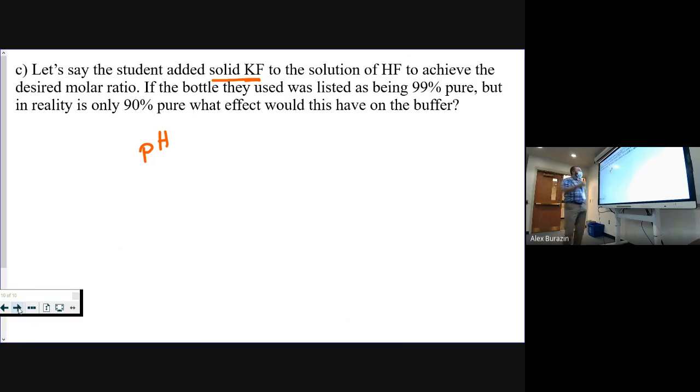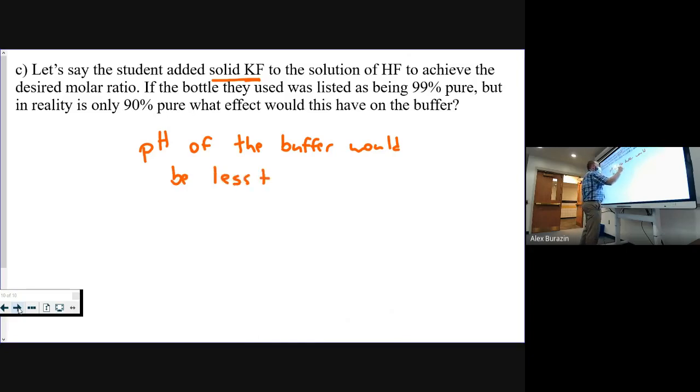And as a result, the pH of the buffer would be less than the desired 3.20. That was the target, right?